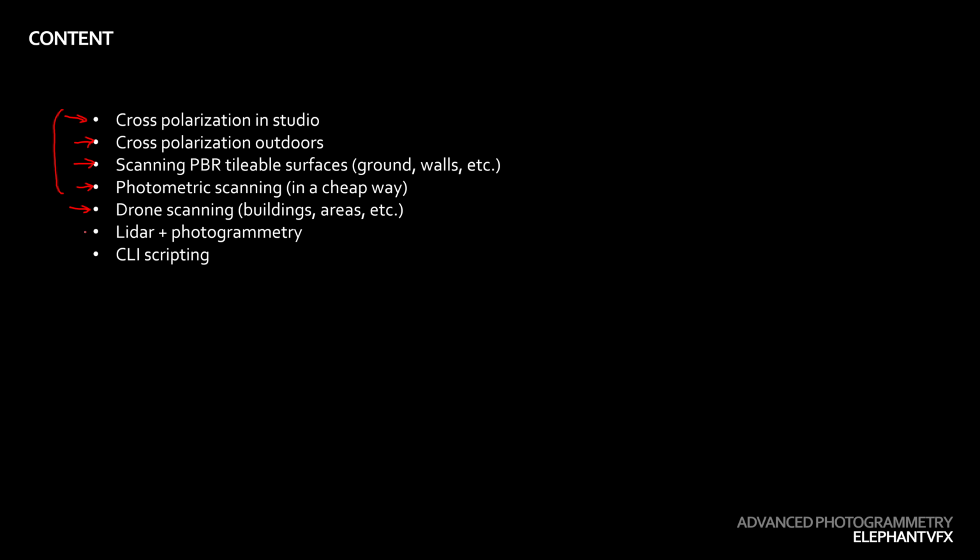So I'm not going to be talking about the best settings for photogrammetry, or the usual shooting patterns, or what is cross-polarization, or how to bake displacement, normal or albedo maps from a high resolution mesh into a low resolution mesh. All of those things and many more we have covered already in the first 4 videos of this series. So I'm going to skip all of those, okay?